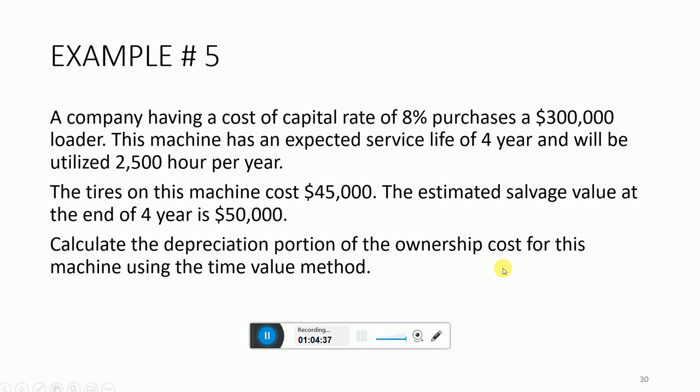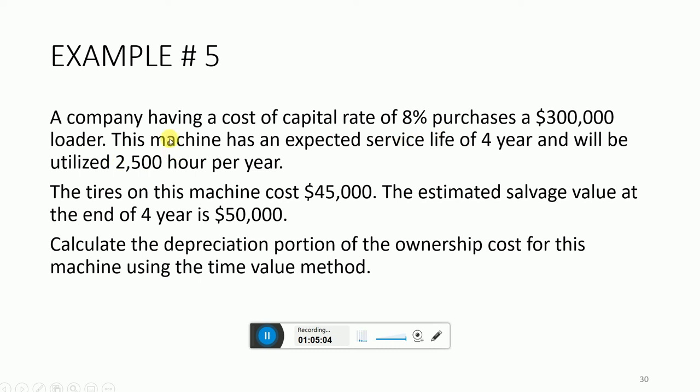Here the question is that a company having a cost of capital rate of 8%, or we can say an interest rate of 8%, purchases a $300,000 loader. The machine has an expected service life of 4 years, N is 4 years, and will be utilized 2500 hours per year.